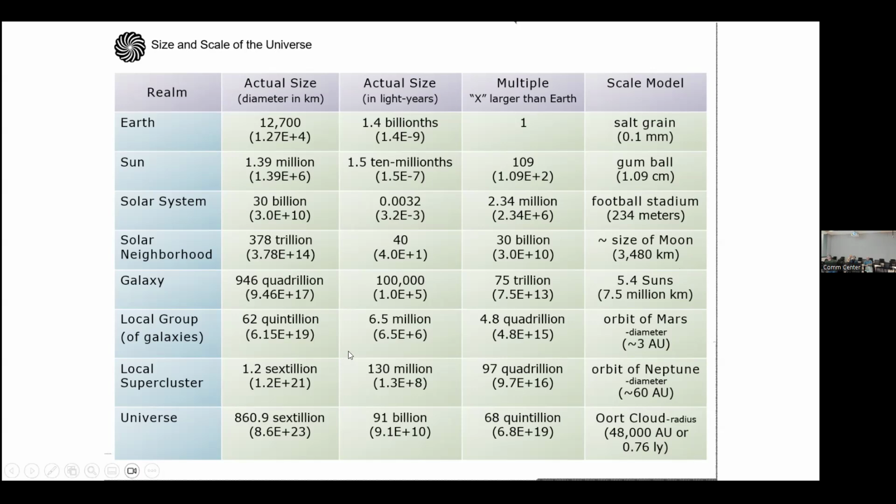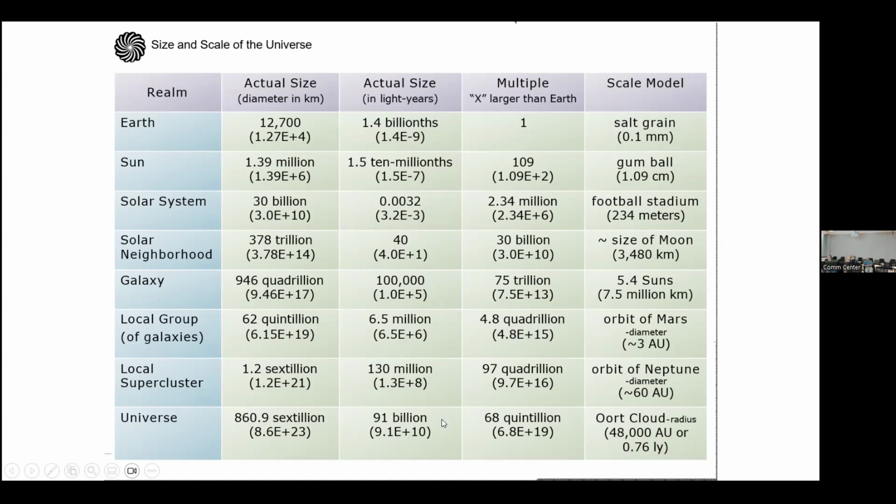The other columns in this, the numbers are almost meaningless, but they do give a more realistic representation of the actual sizes of where things are.